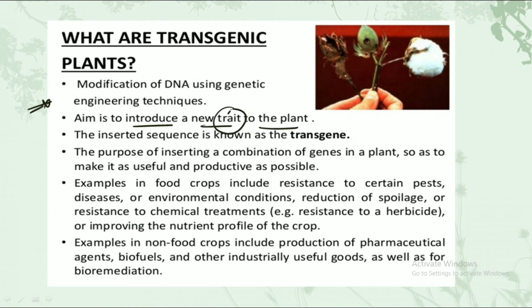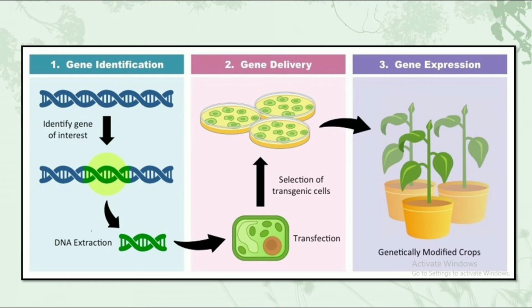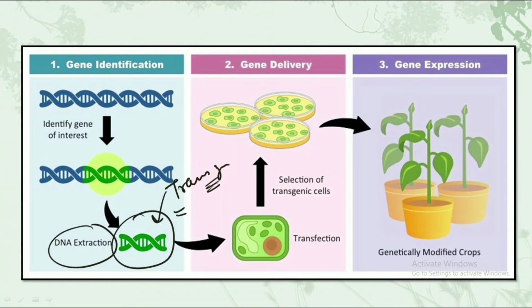And what is a trait? A trait, in simple words, means a feature or any characteristic that we want to include in a plant. The inserted sequence is known as the transgene. The DNA that we have collected as our gene of interest is given the name of the transgene.